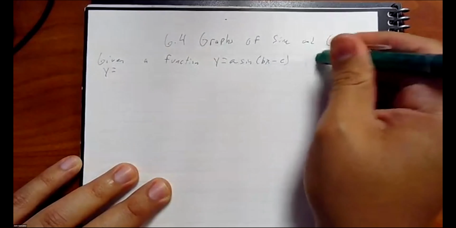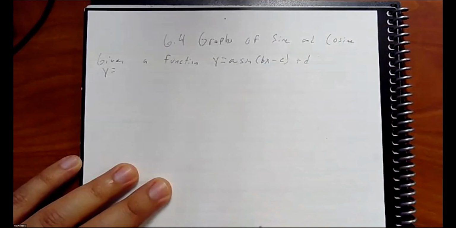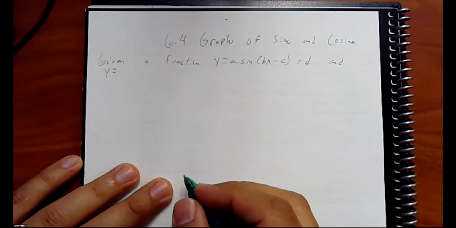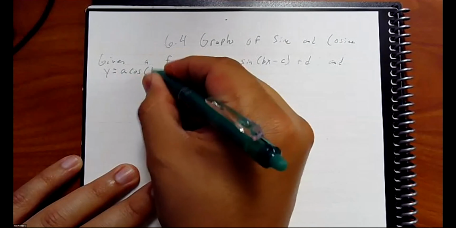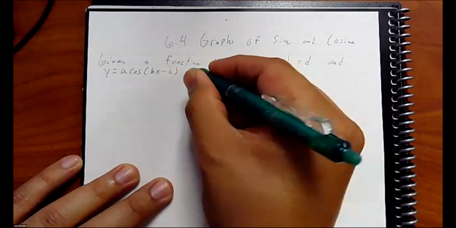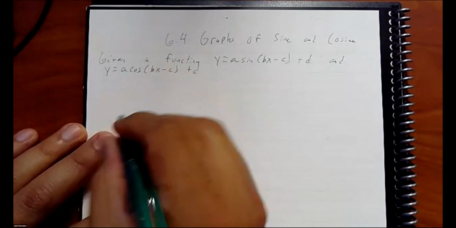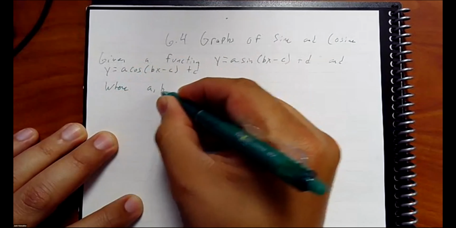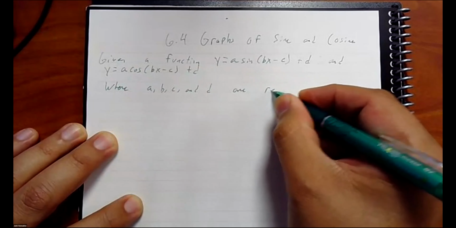Let's add the d right here. Plus d, and y equal to a cosine bx minus c plus d, where a, b, c, and d are real numbers.